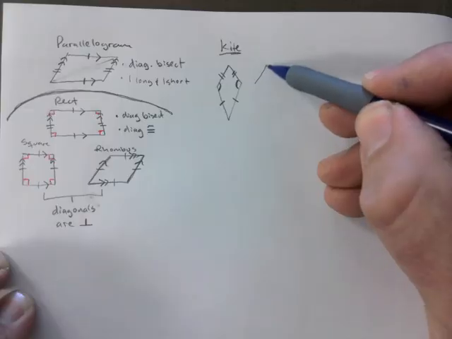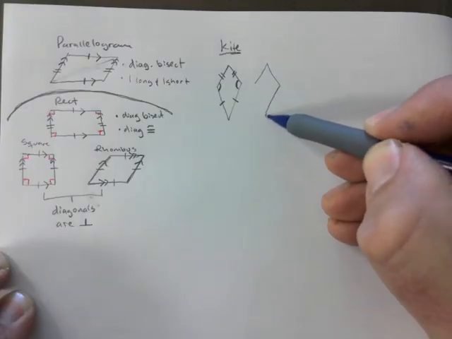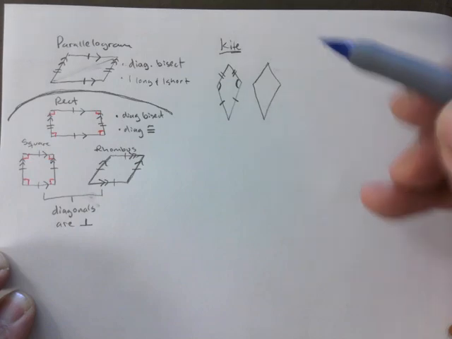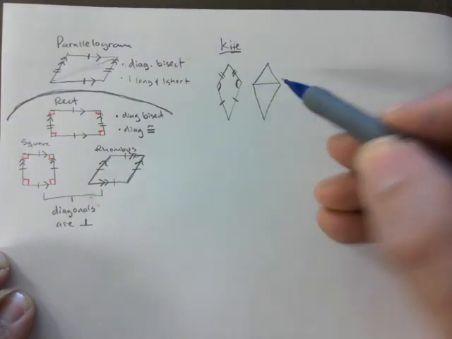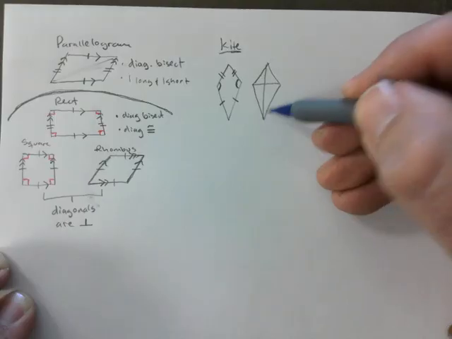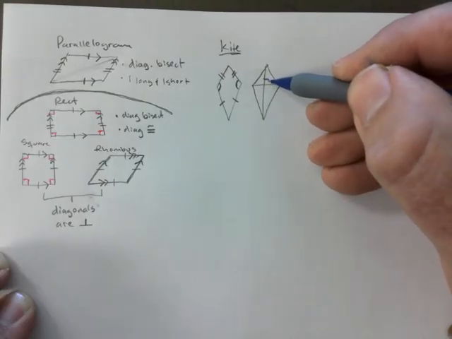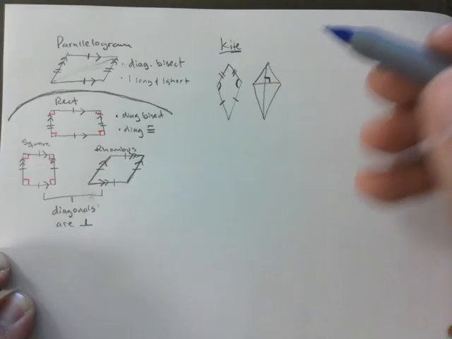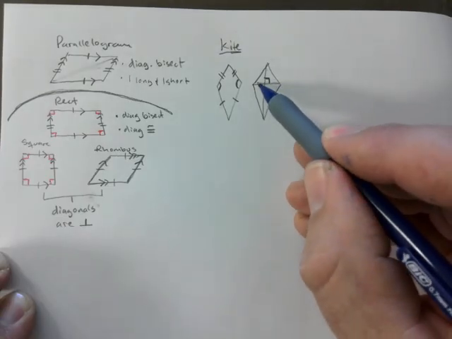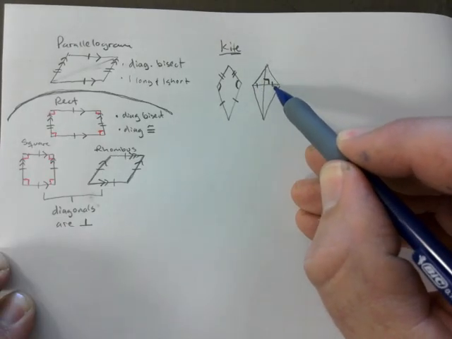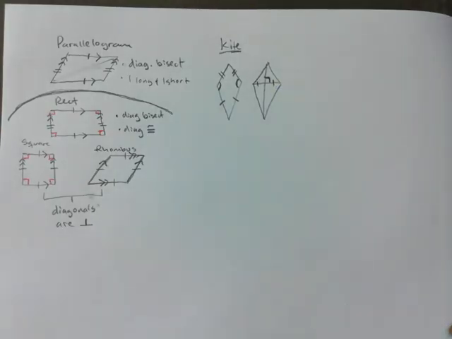And I'll make another kite right next to it where I will just focus on the diagonals. So that diagonal and this diagonal, right? What happens when they meet? They meet at 90. And the short one is cut in half. So just with those two diagrams, you're actually covering all the properties that you need to know.